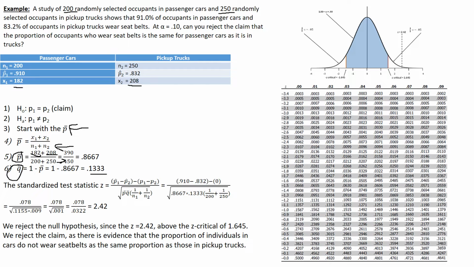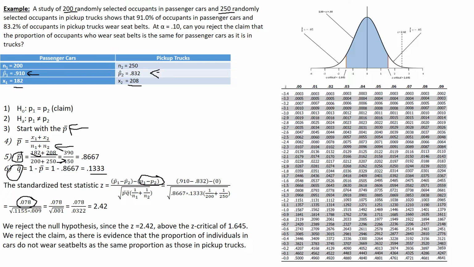Now let's find the z-score. As before, instead of the mu, we've got proportions here. We assume p1 minus p2 for the total population is 0. So we look at the sample p hats. p hat 1 is 0.910, up here. p hat 2 is 0.832. So 0.910 minus 0.832 gives me 0.078.